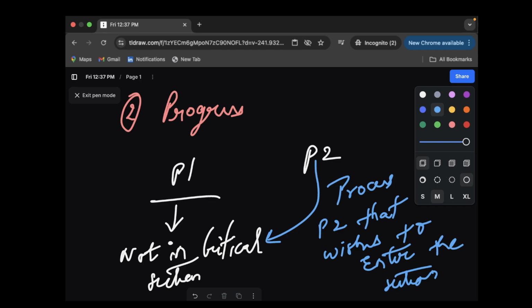The section of code implementing this request is the entry section. Let's try to understand this.